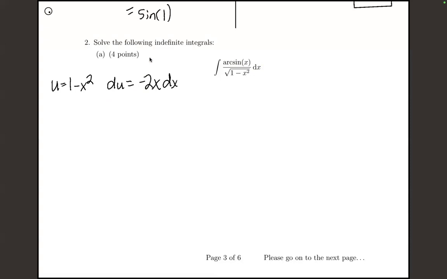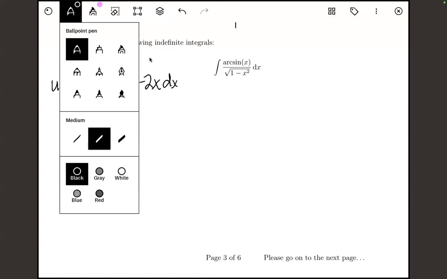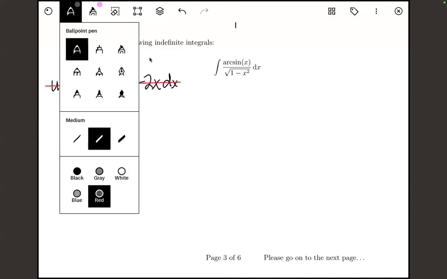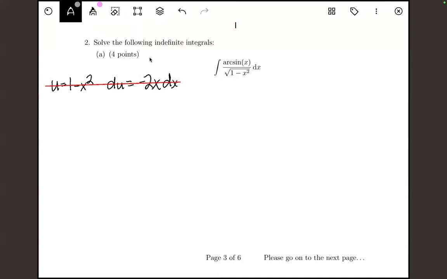I'm going to cross this out, not erase it, because it was a good thought. Always when you're doing these problems, guess what you think a u is, and then from there try to figure out if that's actually it. It should just work out kind of magically that everything in there becomes something that you care about and you can make it in terms of u.